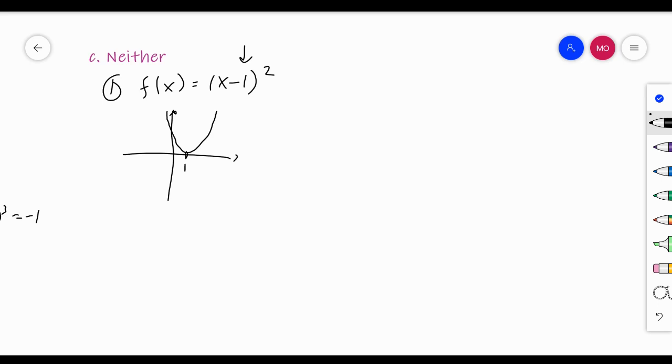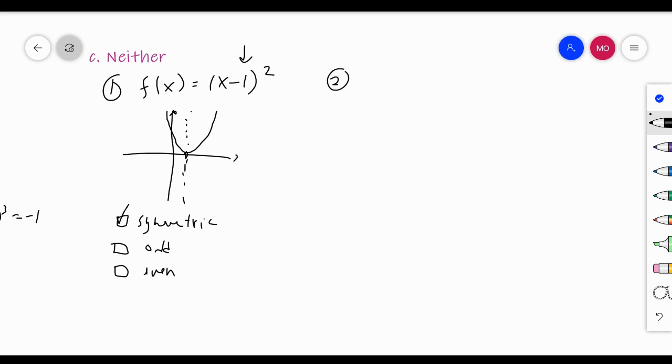As you can see, it seems like this function is symmetrical, but your axis of symmetry is in the middle. It's going through your vertex. So because of that, it is neither odd nor even. So it is symmetric, but it isn't odd and it isn't even.